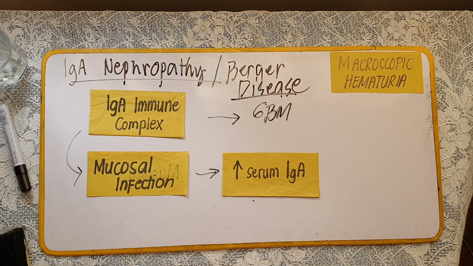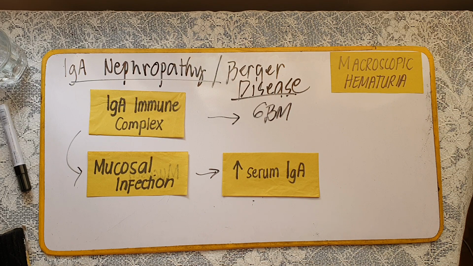In most cases, the patient may have complete recovery from this disorder. Usually it is transient, especially when a person has an infection. Once the mucosal infection, particularly respiratory infection, subsides, the symptoms of IgA nephropathy usually disappear.